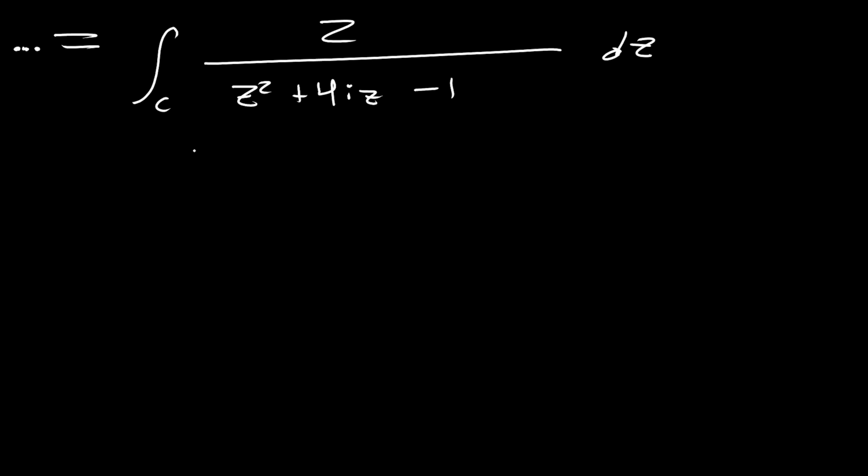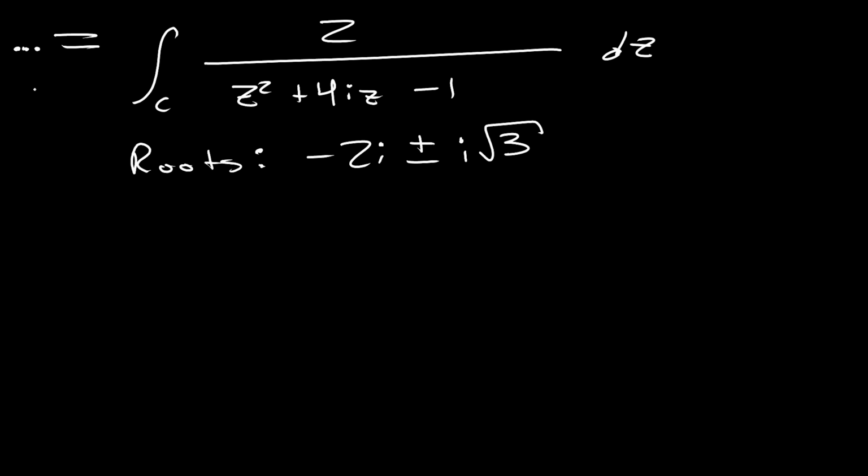And you should see that the roots that you should get after quadratic formula is negative 2i plus or minus i times the square root of 3. So negative 2i plus or minus i root 3, okay?